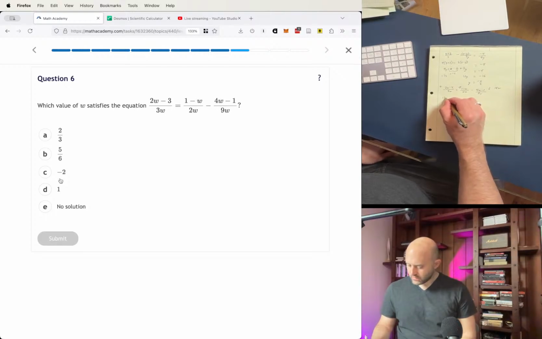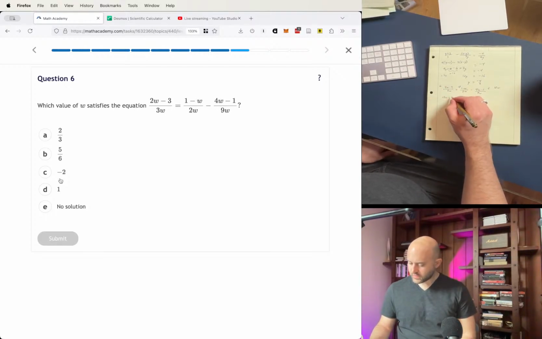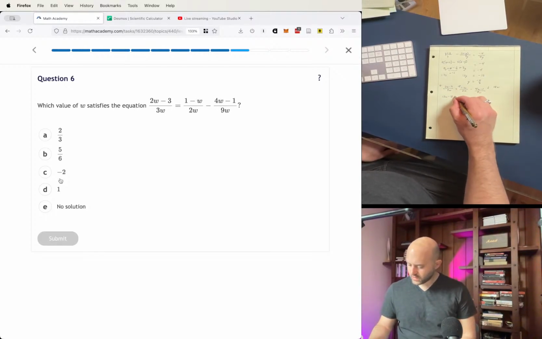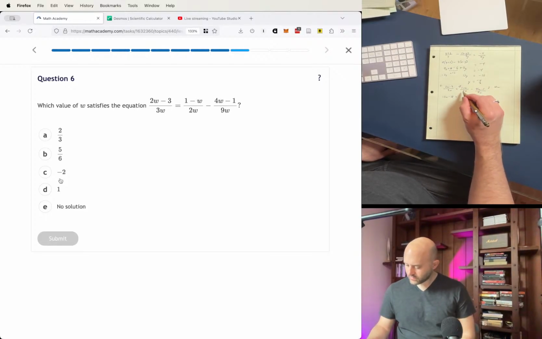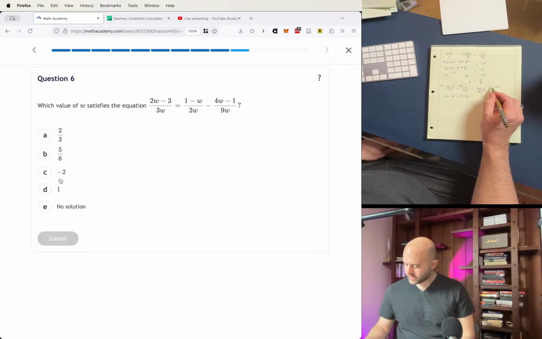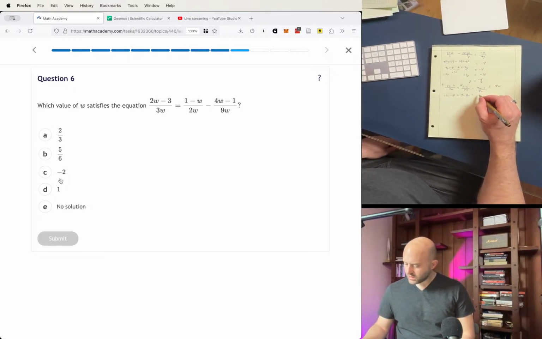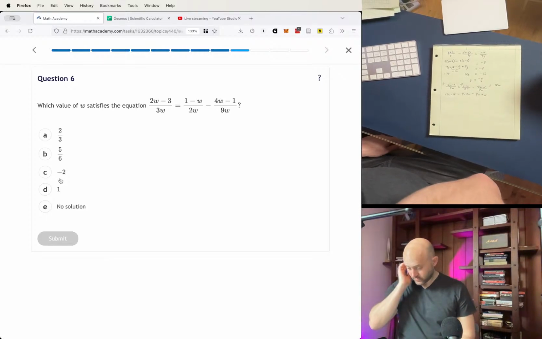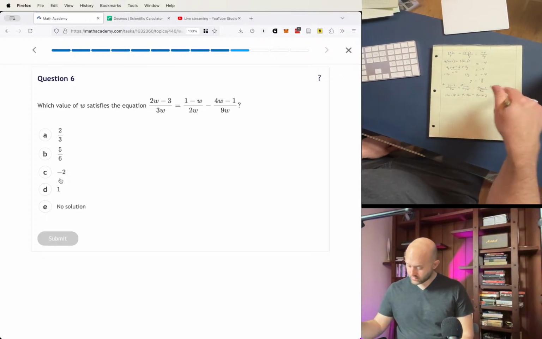This is 12w minus 6 times 3 is 18 equals 9 minus 9w minus, let's just go ahead and distribute that. So it's 8w plus 2. And distribute the 1 to there, multiply by 2.